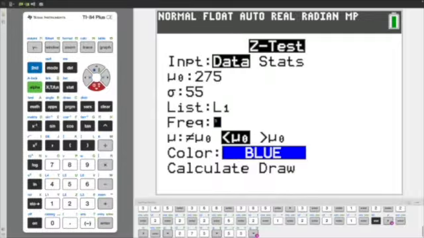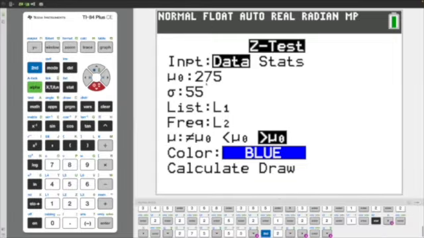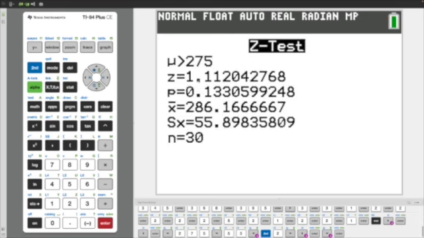Our frequency list was in L2, so I'm going to hit second L2, which is blue above the 2. And the alternative hypothesis was that the mean was greater than 275. So I need to change this to a left or a right tail test. So I get a test statistic of 1.11204 and a p-value of 0.1331.